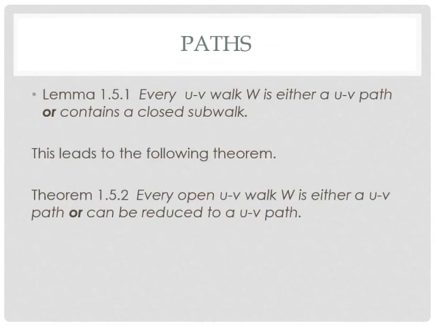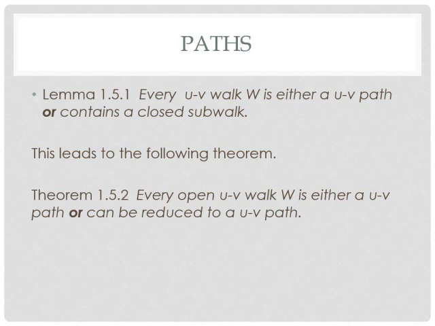Now suppose that we want a UV path. That means you have a walk from U to V that does not repeat any vertices. So suppose that's what you want, a UV path. And you have a UV walk, but what you want is a UV path. Well, if you have a UV walk, then by lemma 1.5.1, you know that it is either a path, and you have what you want, or it contains a closed subwalk.